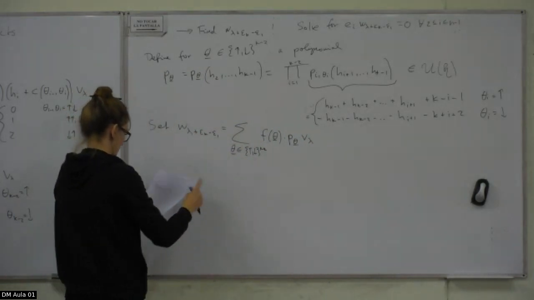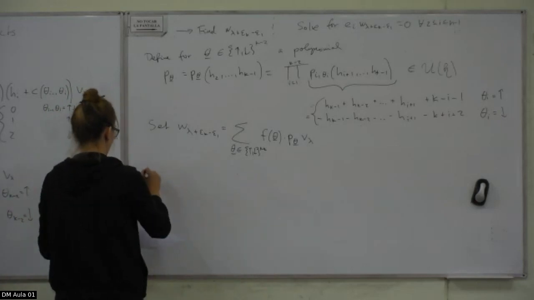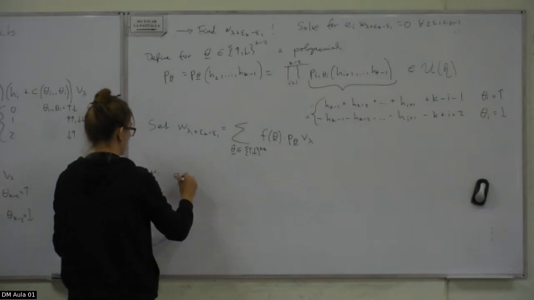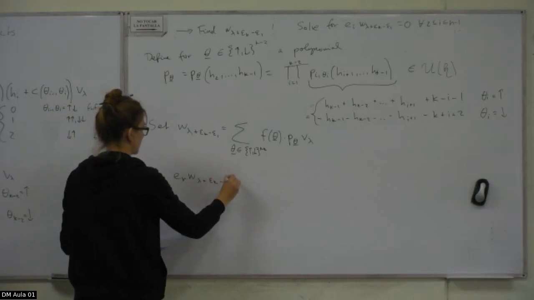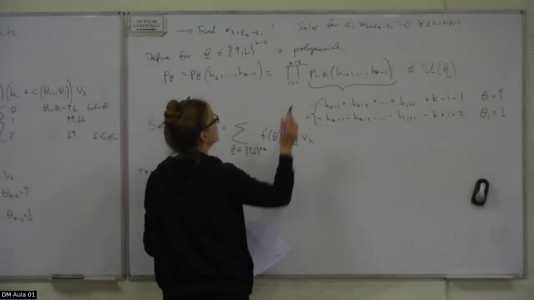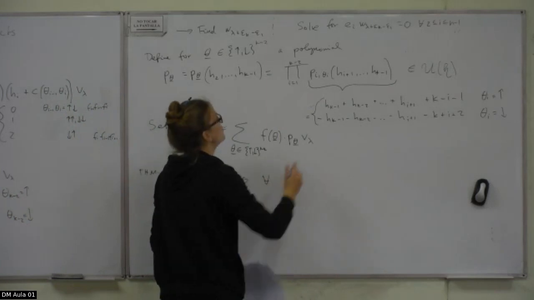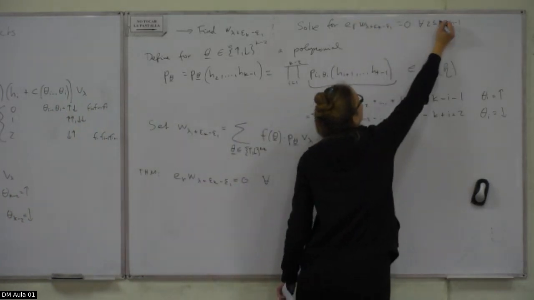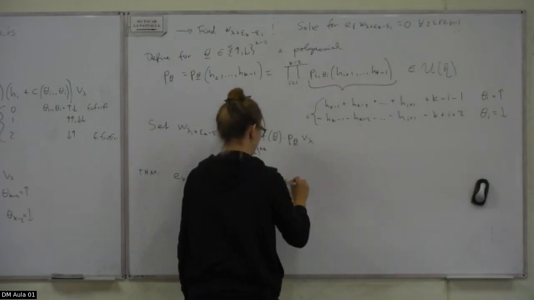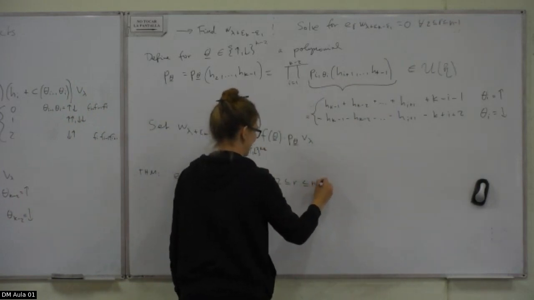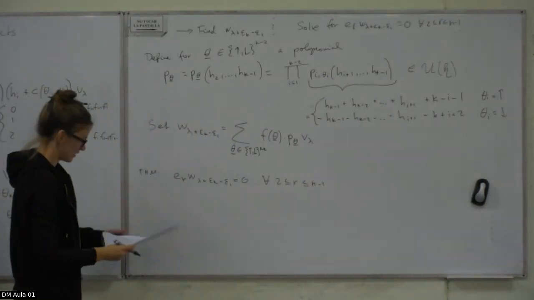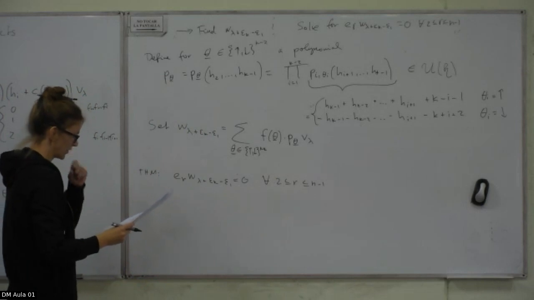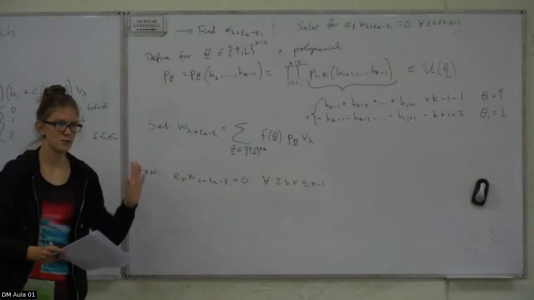So the statement now is that indeed, with this choice, z1 is 0, with r from 2 up to n minus 1. Maybe let me just mention two things about the proof.